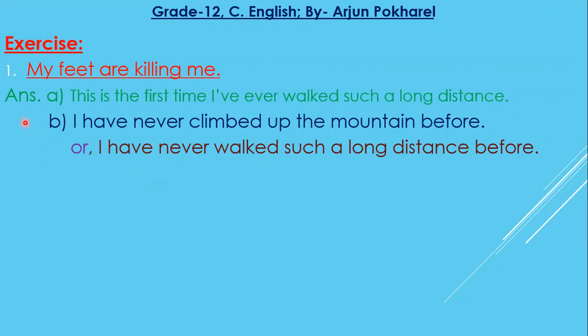You don't have to write all three different A, B, C answers. You have to write only one answer on the basis of the example given. Most of the time the "this is the first time" example will be given, so you have to change this sentence into "I have never walked such a long distance before". In this way you can also do it.